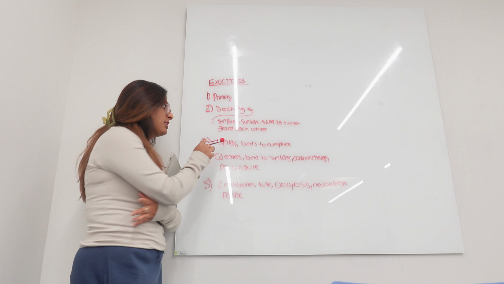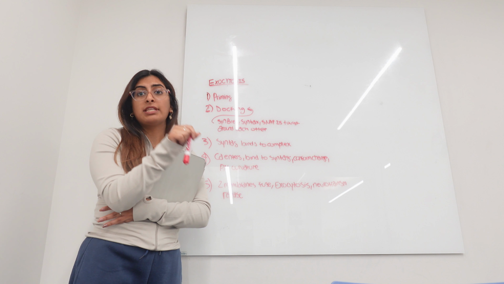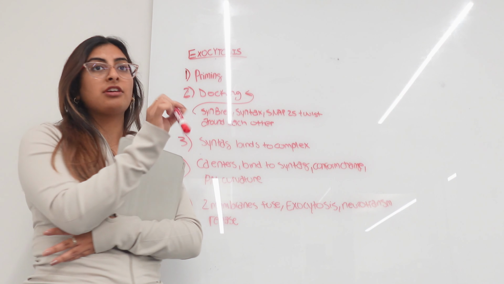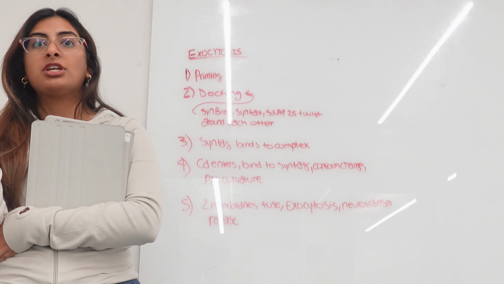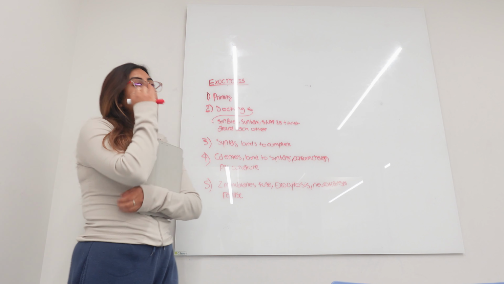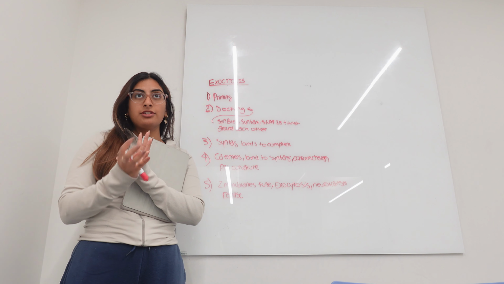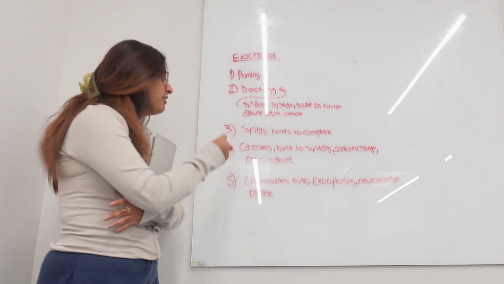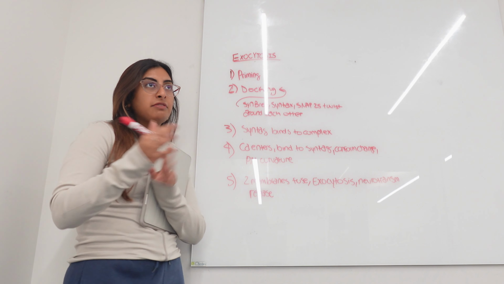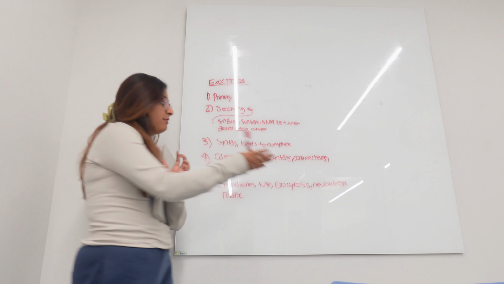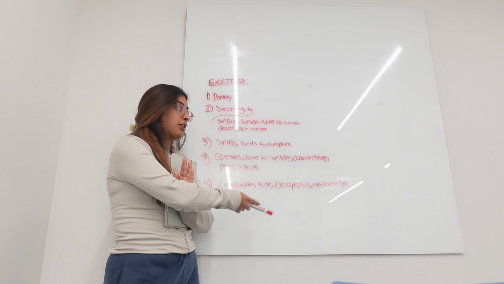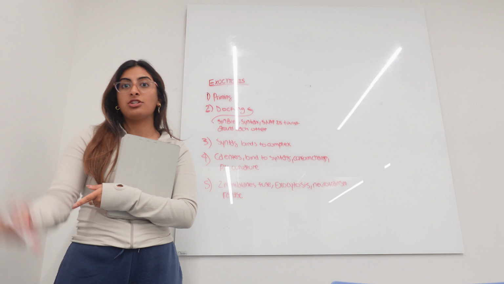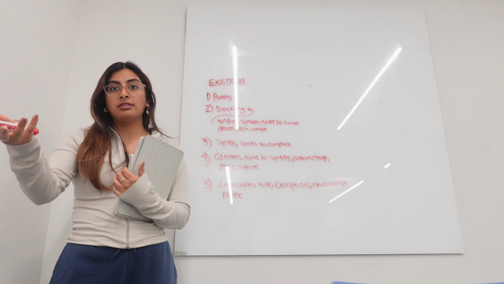Calcium binds to the synaptotagmin protein, which has a calcium sensor, and that allows for a conformational change, a protein shape change, that makes the plasma membrane start to curve and bend around the vesicle. And then finally the two membranes, the plasma membrane and the vesicle membrane, fuse together, so exocytosis can occur, the neurotransmitters can release, and a postsynaptic action potential can occur on the postsynaptic cell.